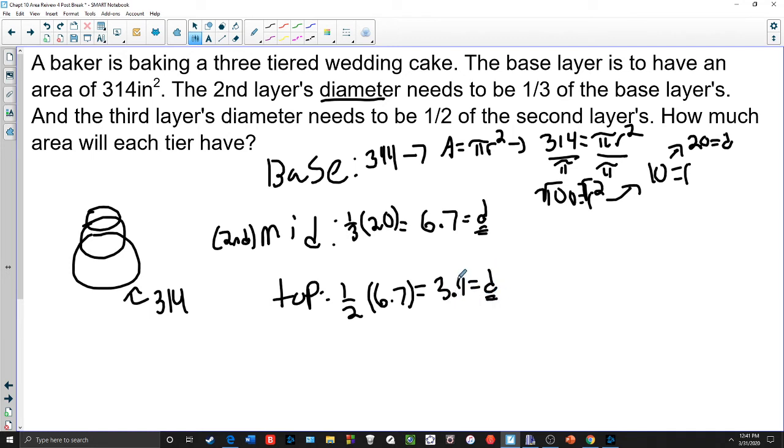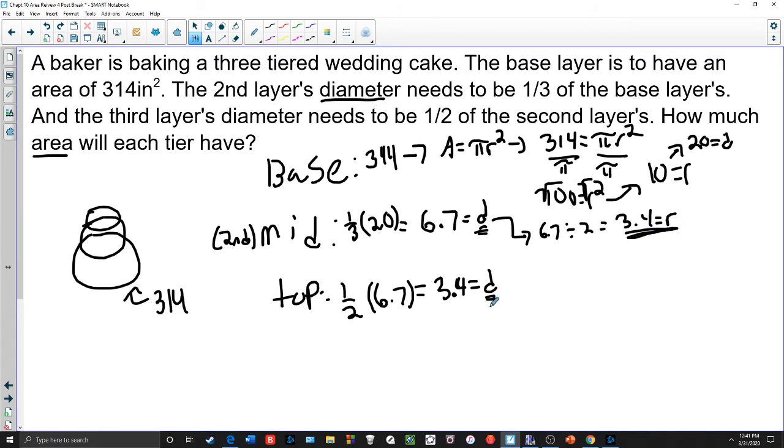Now the question says, find the area of each tier. To get the area, I need the radius of each tier, not the diameter. So for the middle, I find the radius by taking 6.7 and dividing it by 2. I get that the radius is 3.4, just like I found with the bottom tier.